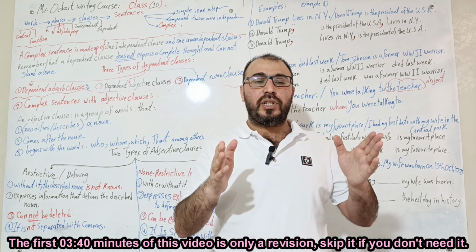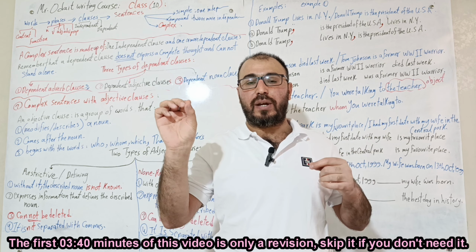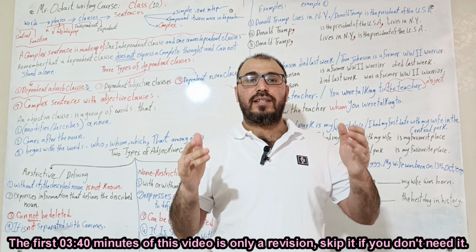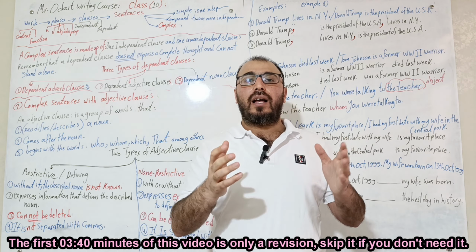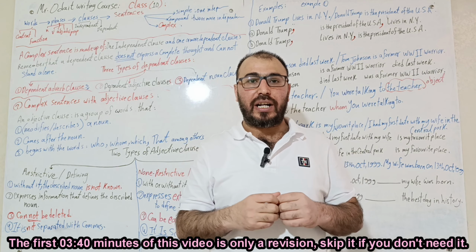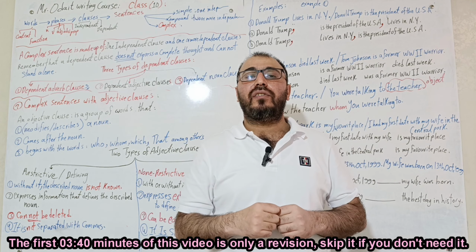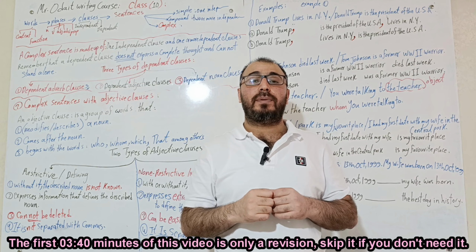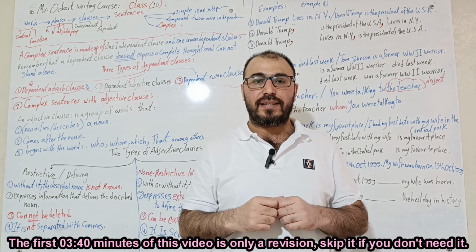And we said that if we use a dependent clause with a period as a sentence, this is going to be a writing error, which is called a fragment. So be careful, my friends, and don't use a dependent clause as a sentence alone.